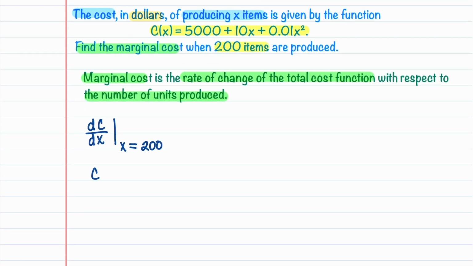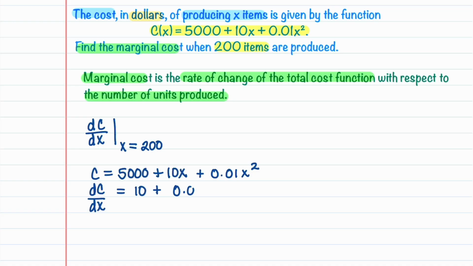Let's write down what our cost function is. It is 5,000 + 10x + 0.01x². Now we're going to find the derivative dC/dx. It is going to be 10 + 0.01 times 2 times x, and this gives us 10 + 0.02x.